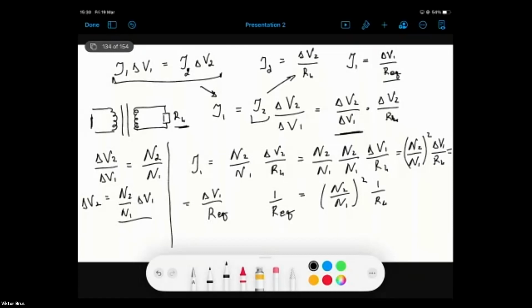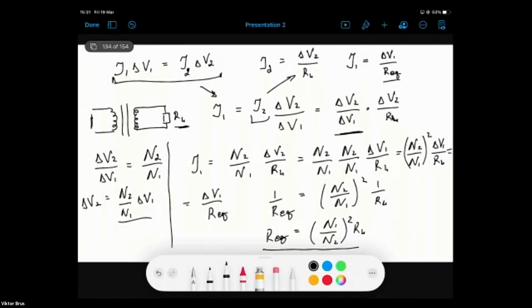And finally, for R equivalent, we get N1 over N2 squared times RL. So this is the equation for the equivalent resistance of the primary coil, which is a function of N1, N2, and the load resistor.